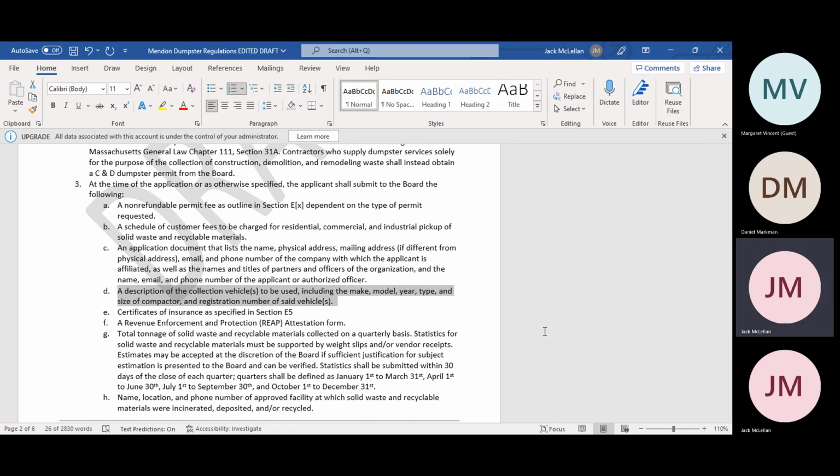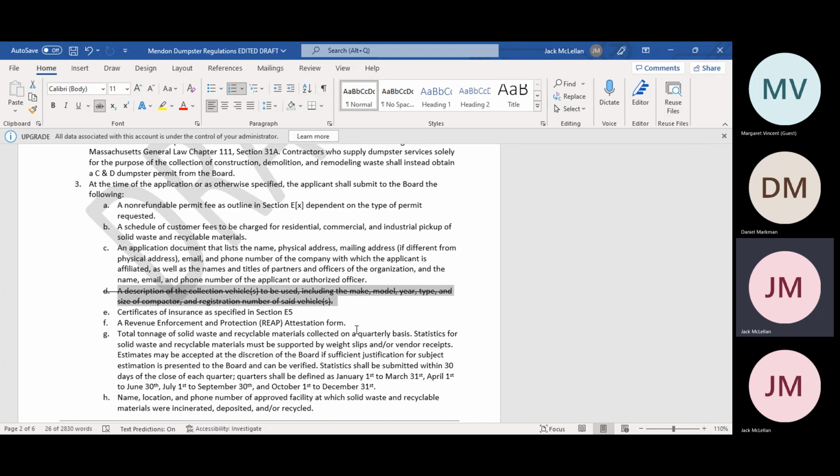And then I had a question on F. What is a revenue enforcement protection form? We currently have it in our application now, and it goes to the Department of Revenue to make sure the company is up to date on its taxes and pays its taxes, and is in good standing of its tax responsibilities.